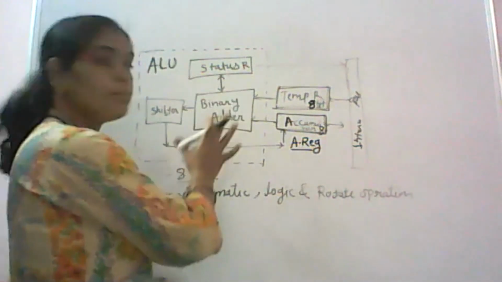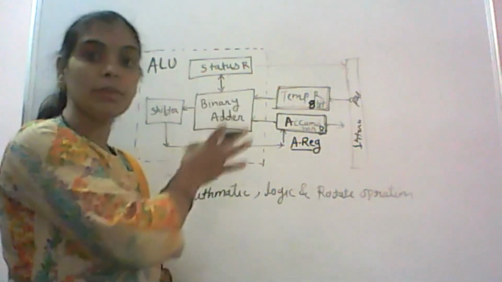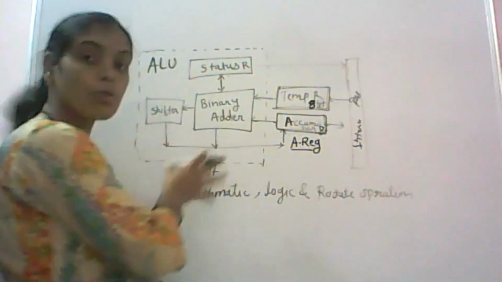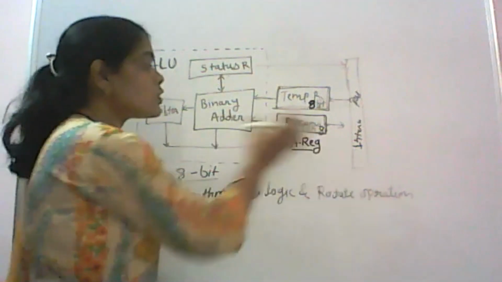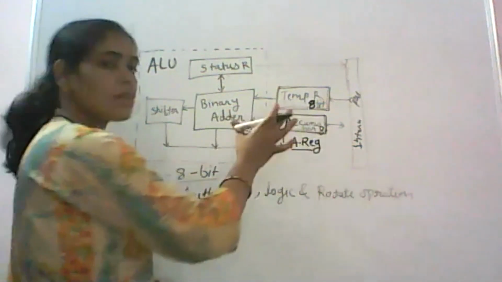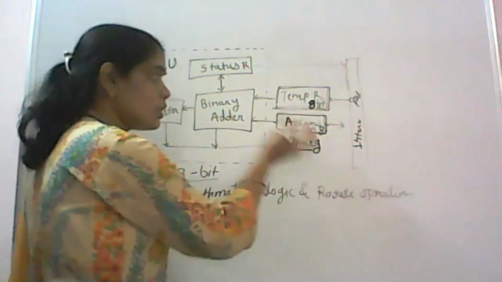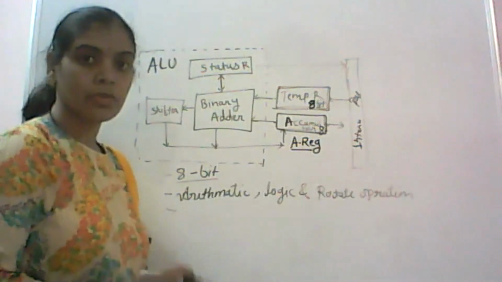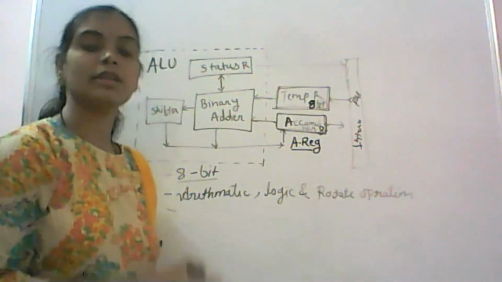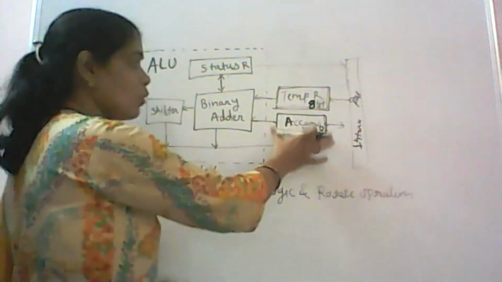When the ALU performs an arithmetic and logical operation, after completing this process, the result will be stored in the accumulator.